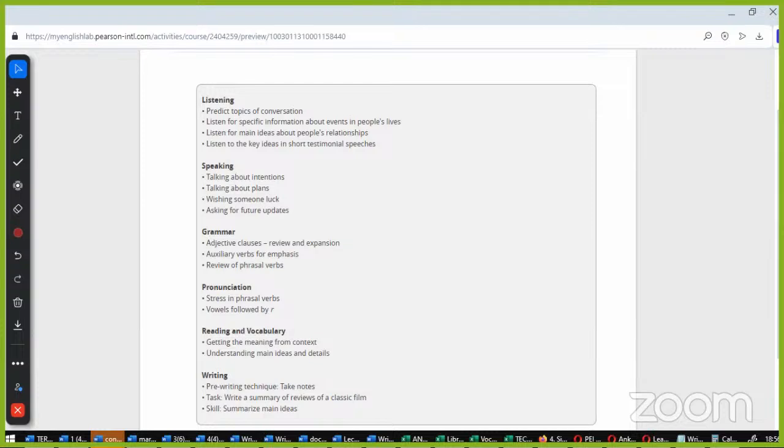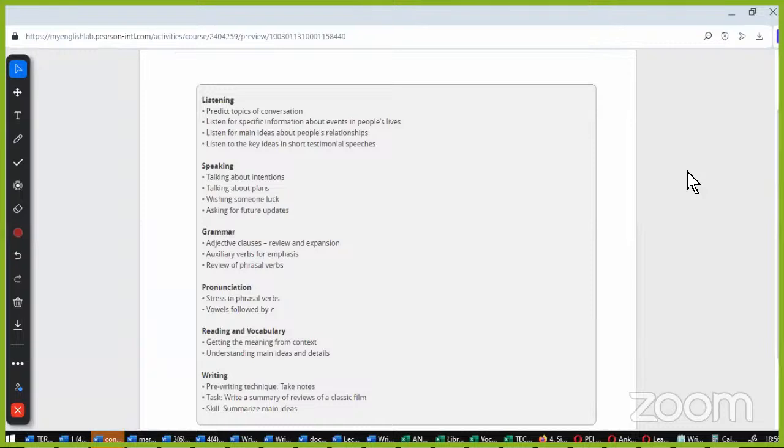Pronunciation: stress in phrasal verbs, vowels followed by R. Reading and vocabulary: getting the meaning from context, understanding main ideas and details. Writing: pre-writing technique, take notes. Task: write a summary of reviews of a classic film. Skill: summarize main ideas.